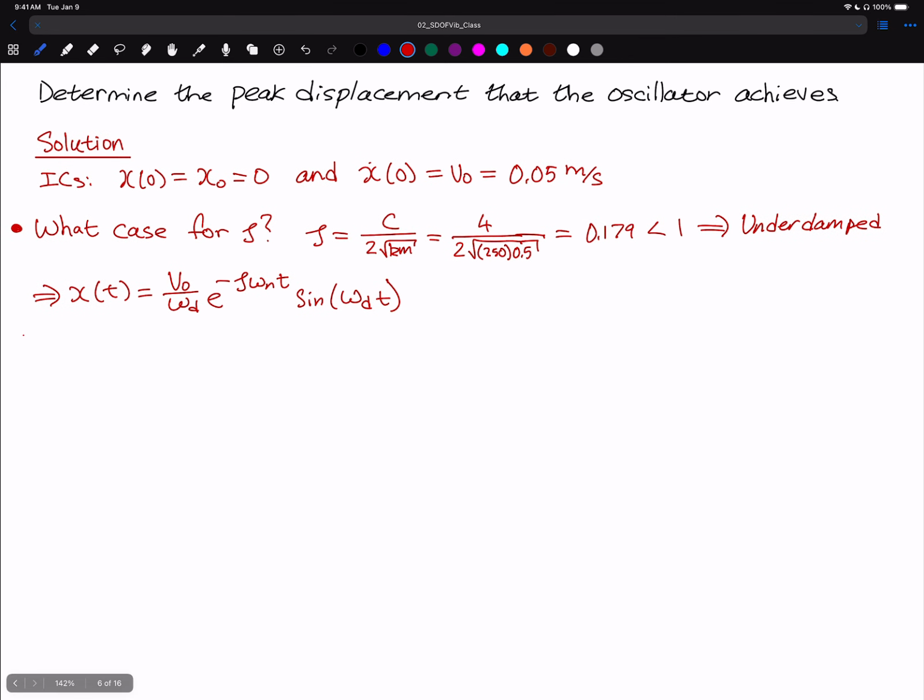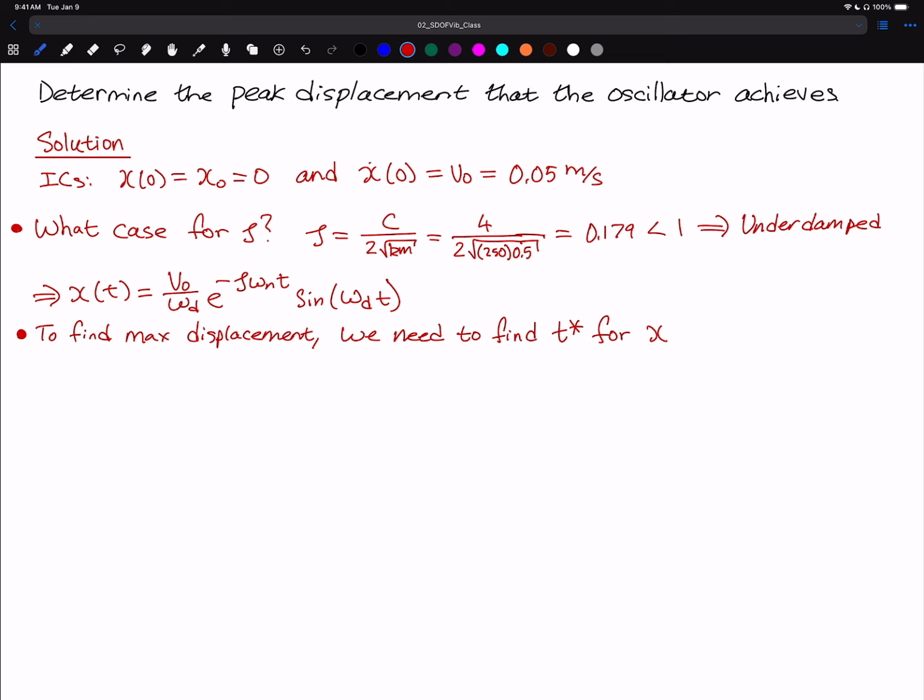All right, so to find max displacement, we need to find, let's just say t star, for x dot of t star equal to 0.